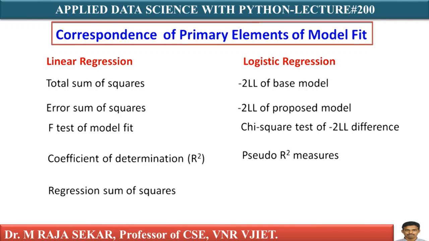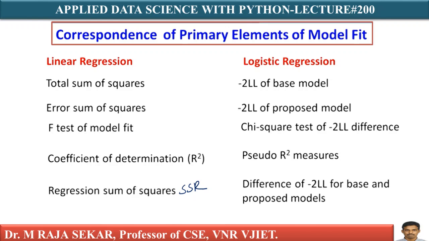Regression sum of squares. What is this regression sum of squares? This concept also I discussed in my previous lectures in linear regression, that is SSR. Here we use SSR, regression sum of squares. The equivalent term for logistic regression is the difference of minus 2LL for base and proposed model. What is base model? What is proposed model?